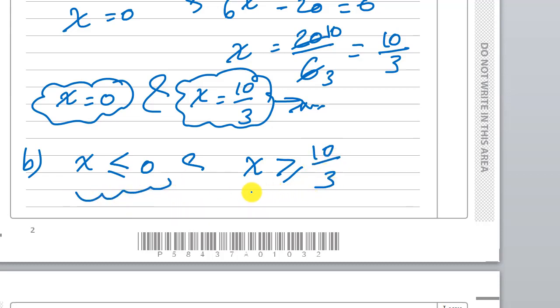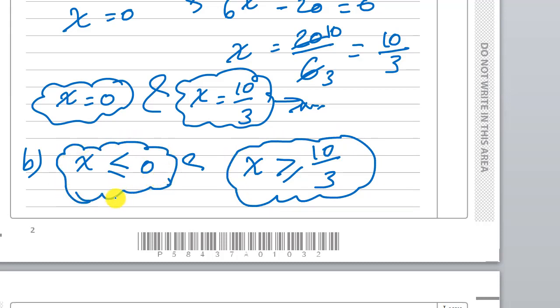To find this solution, you need to go to your calculator and put the values of x minus 2, minus 1, and then 0. And here you will put the value of x 10 over 3 and more than 10 over 3. You will find that this is the solution. The y here, the curve will increase, and the y here, the curve will increase.